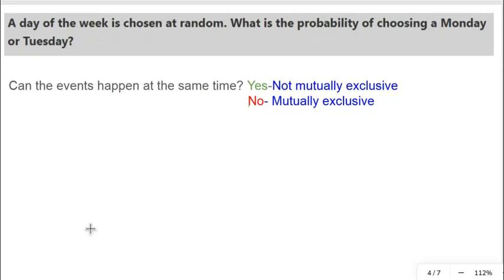All right, so let's find some probabilities and classify at the same time. So you are picking a day of the week at random. You're only picking one day. What is the probability of picking a Monday or a Wednesday? This would be how we write it in the notation. So first we need to figure out, can they happen at the same time or can they not?